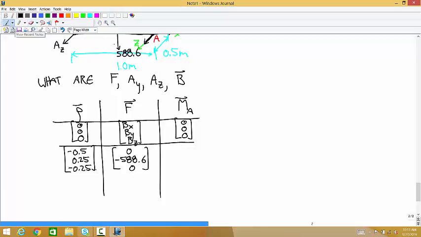I'm just used to saying that. For x? Negative 147.15, okay. And then 0 for y. And then z would be positive 392.4. No, 294.3. 294.3, okay. That one would be positive.